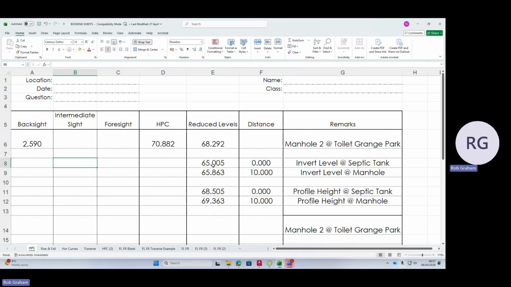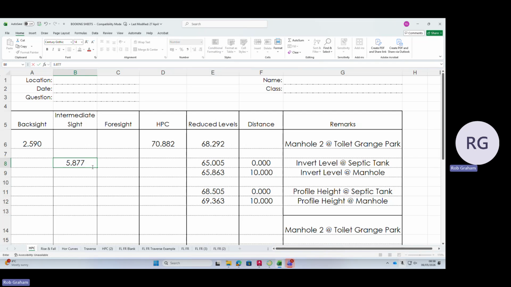And then we deduct 65.005. So 70.882 deduct 65.005. And that will give us our 5.877. And that gives us our staff reading.